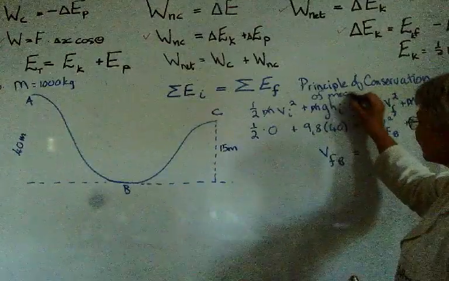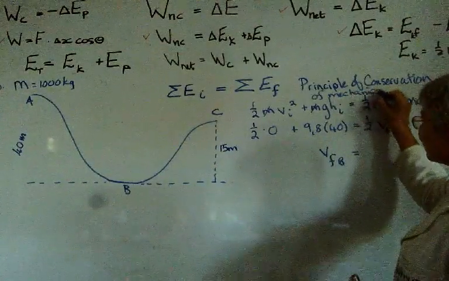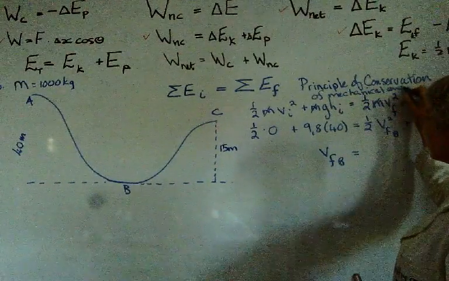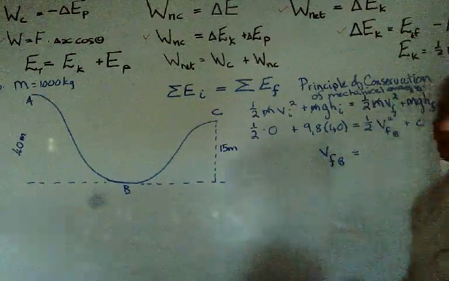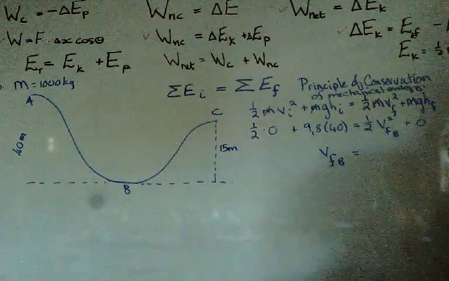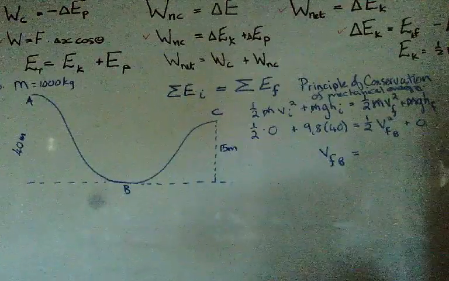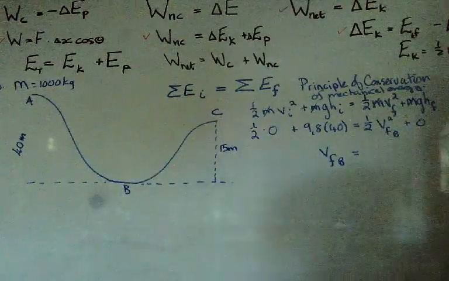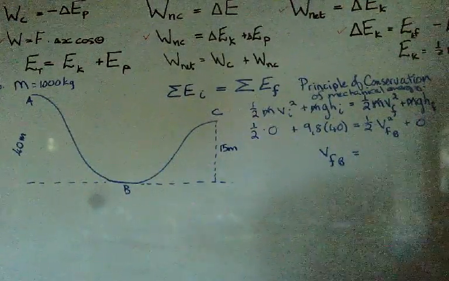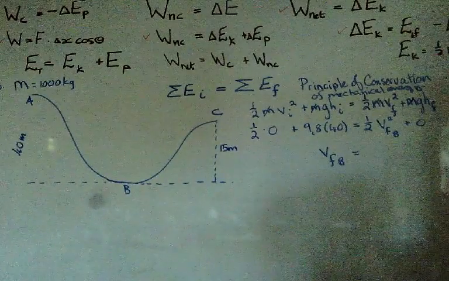You use the mechanical energy between point A and point B. Yes, because I want the speed at point B. Oh, we're doing B first. Yes, we're doing A, B.